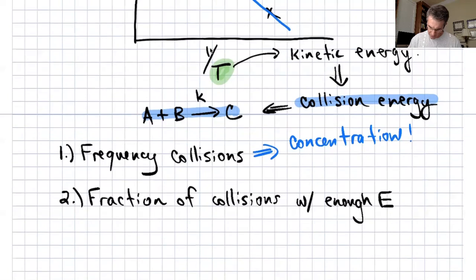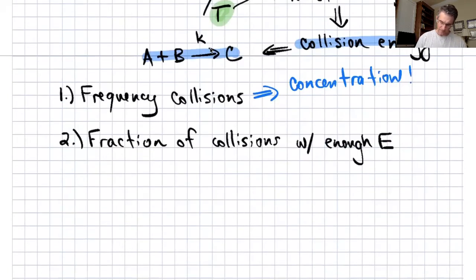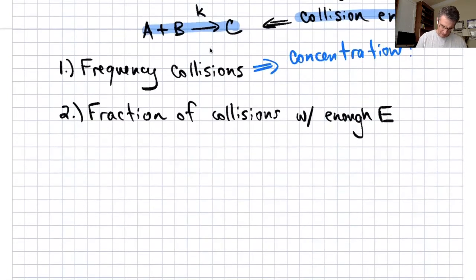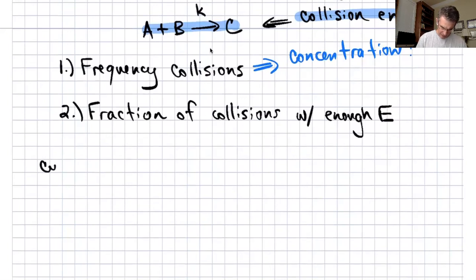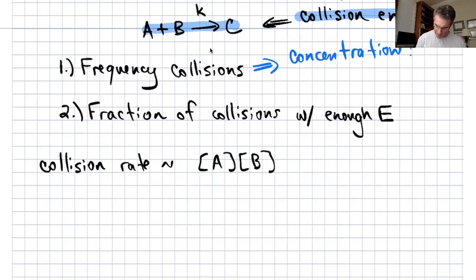So that collision rate, right? Let's write this down here. For that reaction, like I've written it there, the collision rate is just going to be proportional to the concentration of A times the concentration of B that I've got. That's cool. All right, well, that's fine. We can sort of check that guy off. What about the fraction of collisions with enough energy to carry out a reaction, right?